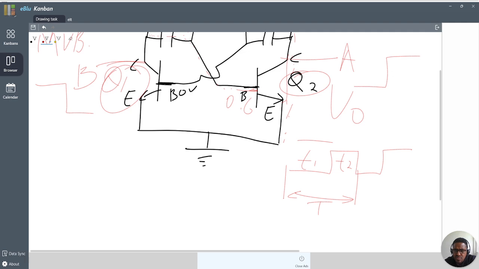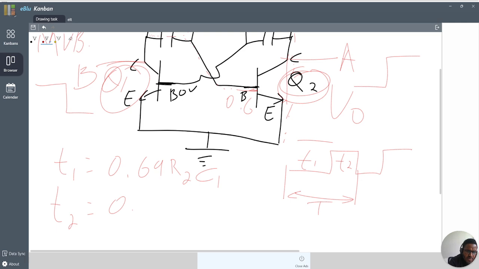When you say T2, Q2 is in on state, Q1 in off state. So T1 means, according to the past circuit, 0.69 R2 C1. The same for T2, where Q2 is on and Q1 is off.